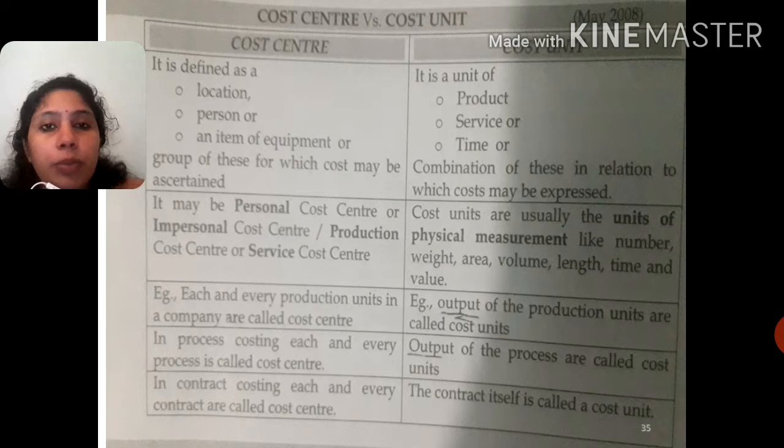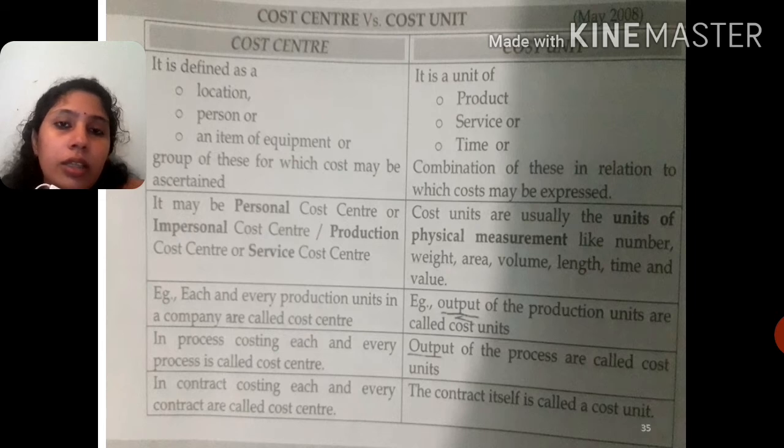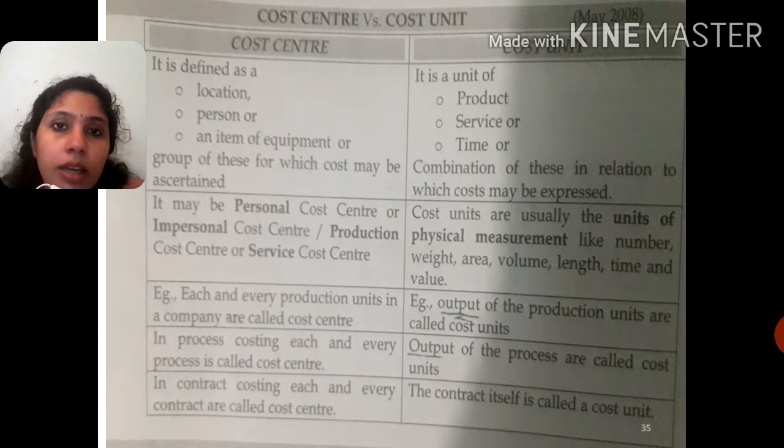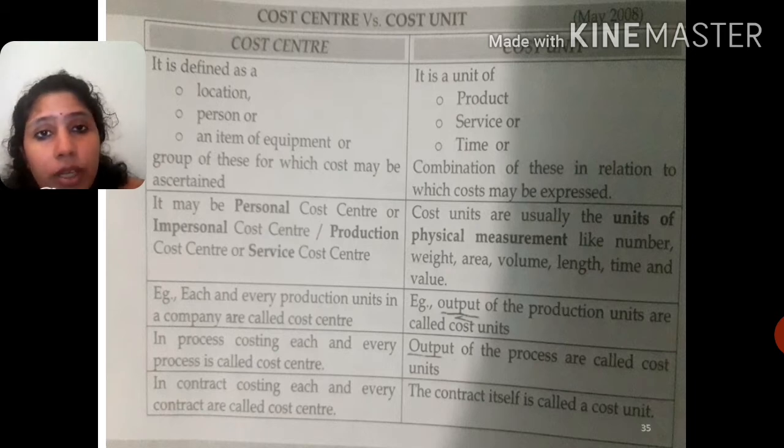Purchase department, production department, sales department, administration department, sales promotion department, etc. can be considered as different cost centers. So we need to calculate the cost of each department. Consider one more example.